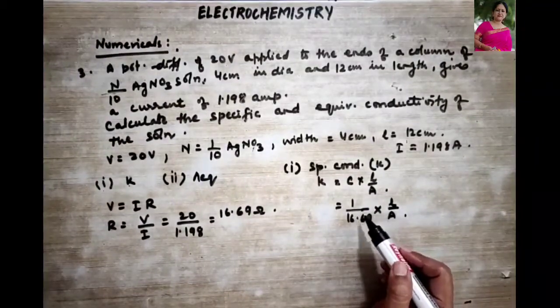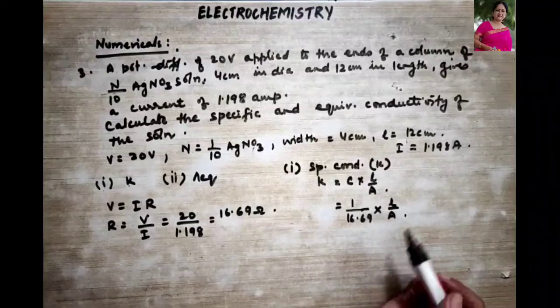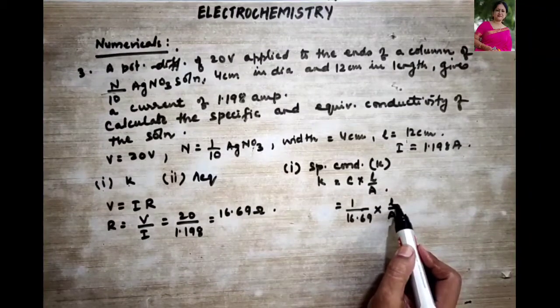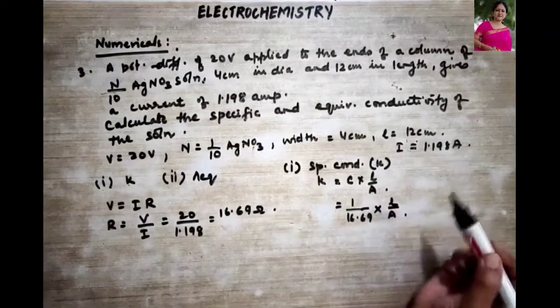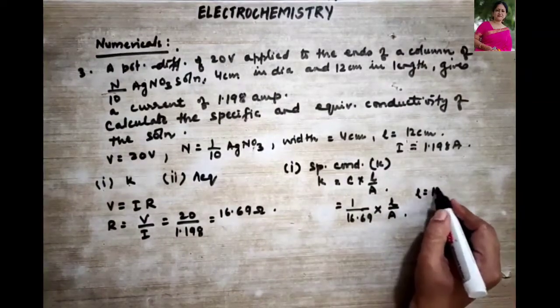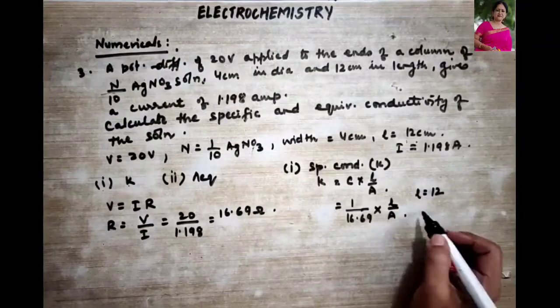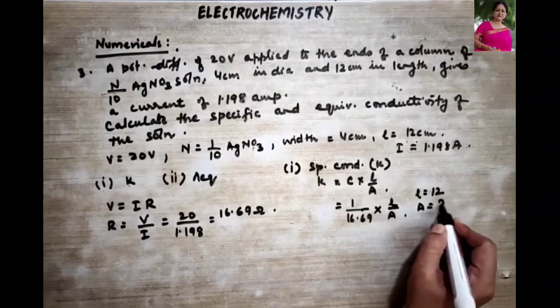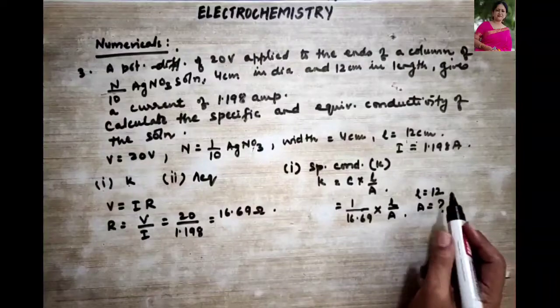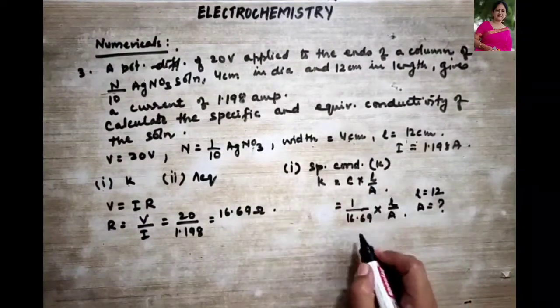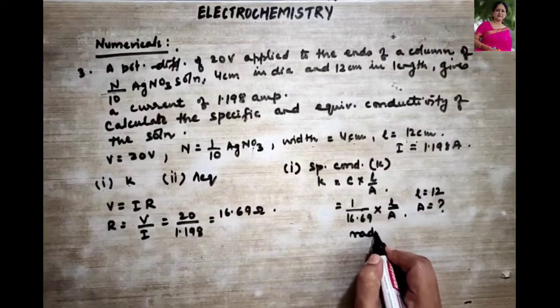So firstly, let us find out what is L upon A. Length is given to us as 12, but area of cross section is not given, isn't it? We have to calculate A over here. Width is 4, so what is the radius?